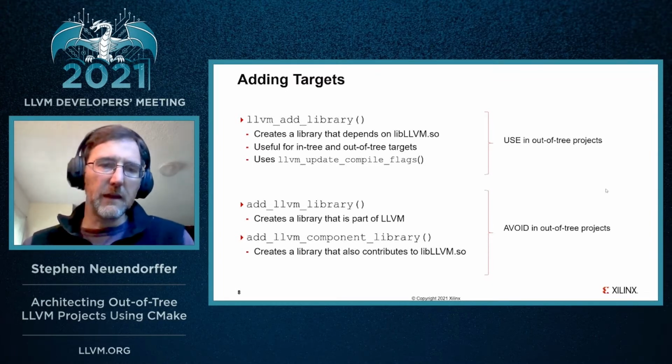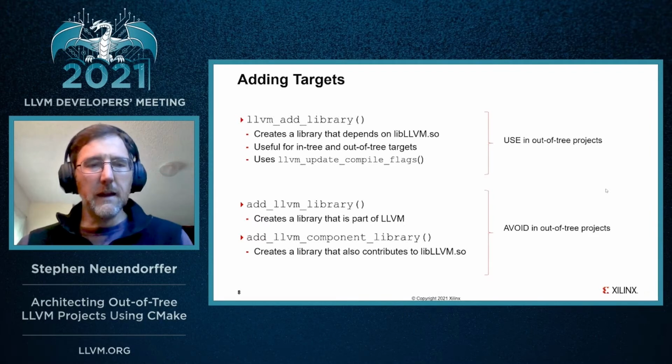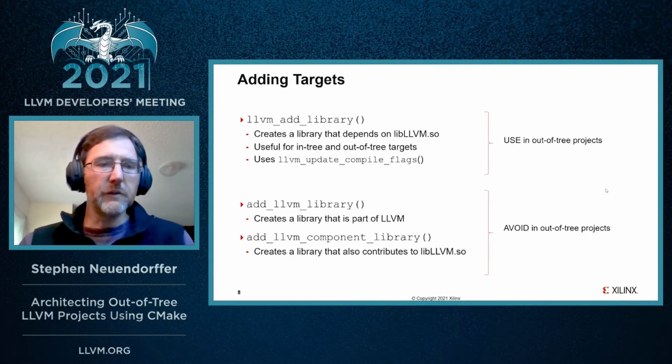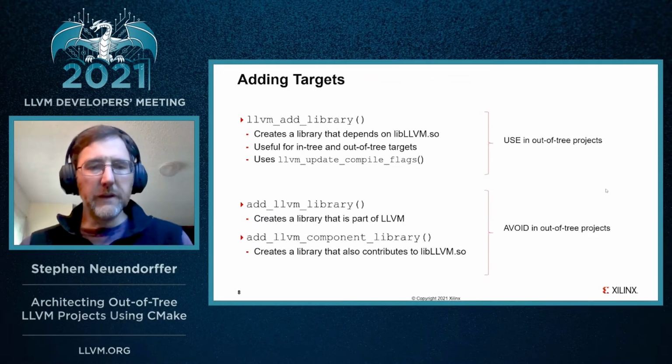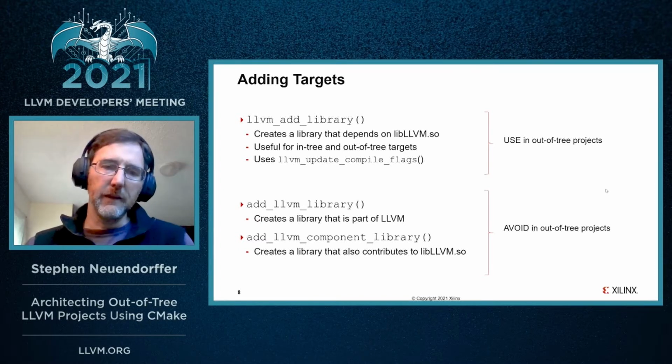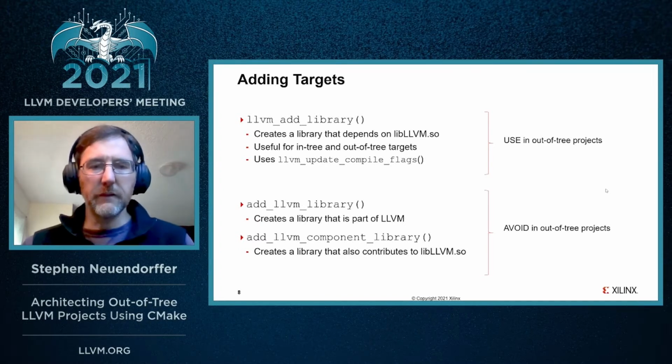So you'll see this used in LLVM internally, but this is also the best thing to use if you're out-of-tree. It also uses a function called llvm_update_compile_flags, and what that does is it makes sure that all of the standard compilation options for an LLVM library are set more or less the same way.